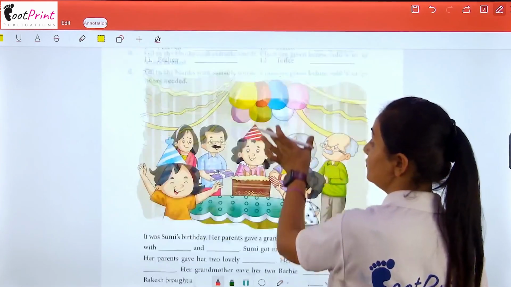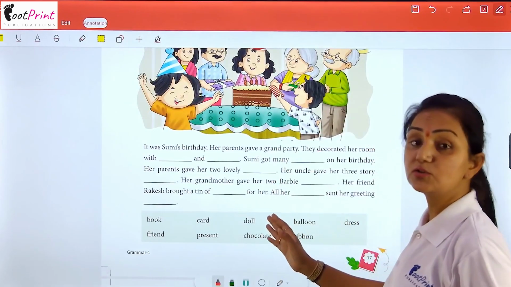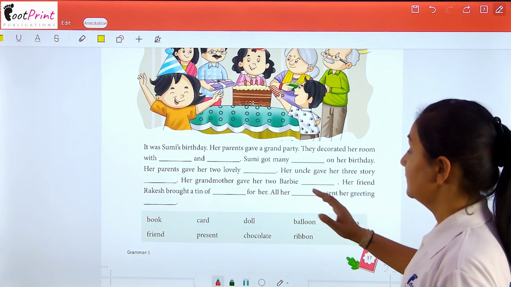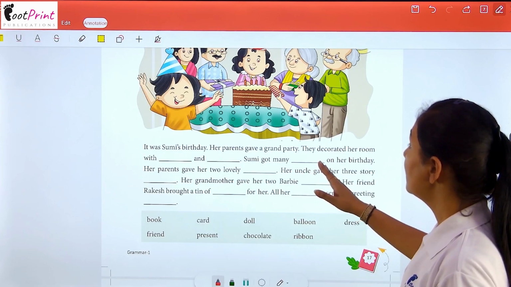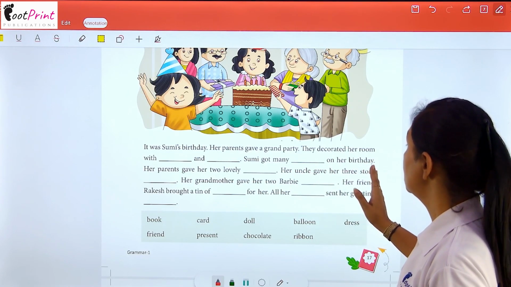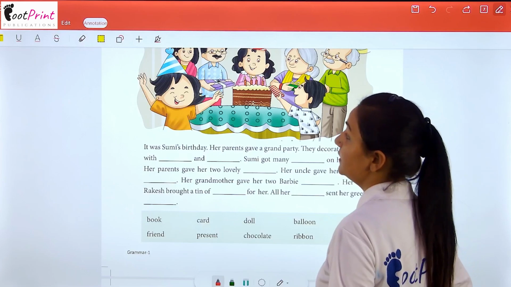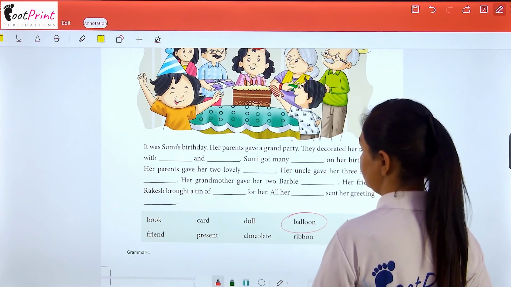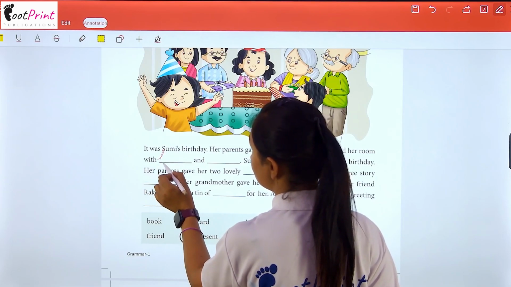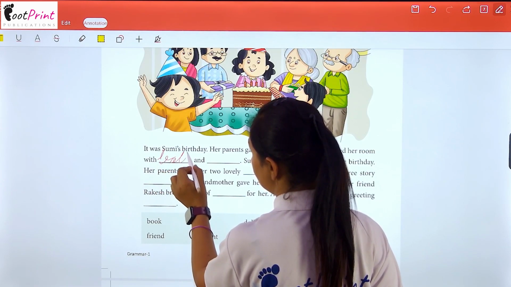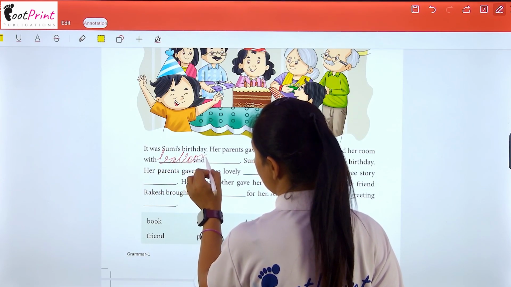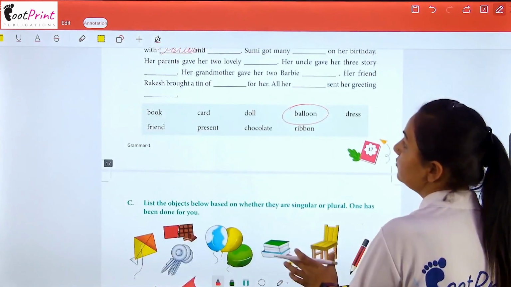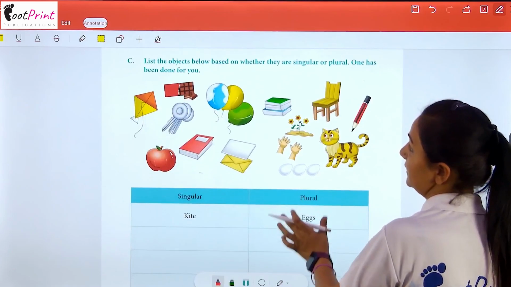Now, here you have to add S or ES to make them plural. It was Sumi's birthday. Her parents gave a grand party. They decorated her room with balloons. Here you will fill balloon. So, here you will write the spelling of balloon with S. Okay? In the same way, you will also read and fill the rest.